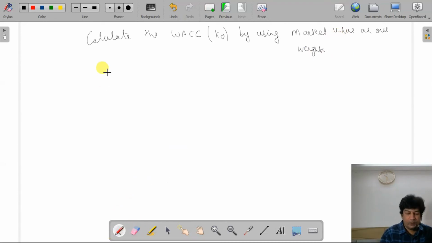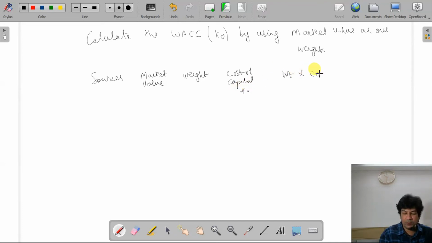Here we will write the sources. Here we will write the market value, or you may say amount. Then we are going to get the weight of that market value. Then we have to get the cost of capital in percentage, and then the weight we are going to multiply by the cost of capital percentage. This we will name as WACC.